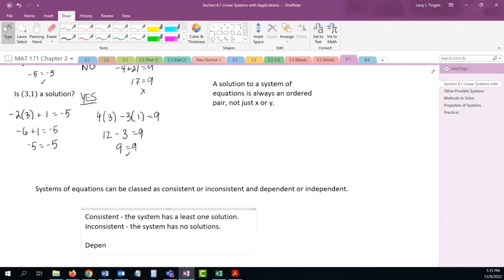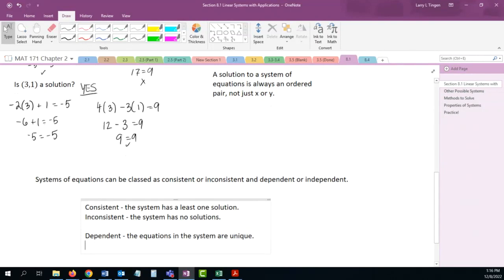A system is independent if the equations in the system are unique. In other words, they don't repeat. And then the system is called dependent if the equations in the system are the same, right?